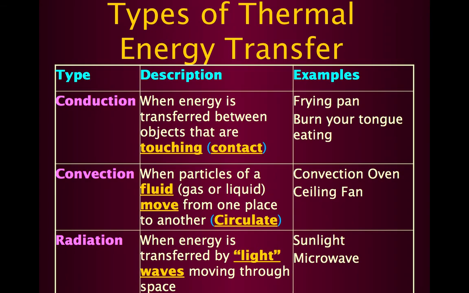All right, radiation. This is when energy is transferred by light waves. So when you can feel the heat sort of coming off of it, you don't actually have to touch it. So think about an iron. If you put your hand in front of an iron, you can feel the heat radiating off. It's in waves. You can feel the radiant heat from the sun. Even a microwave. A microwave is going to cook by radiant waves.